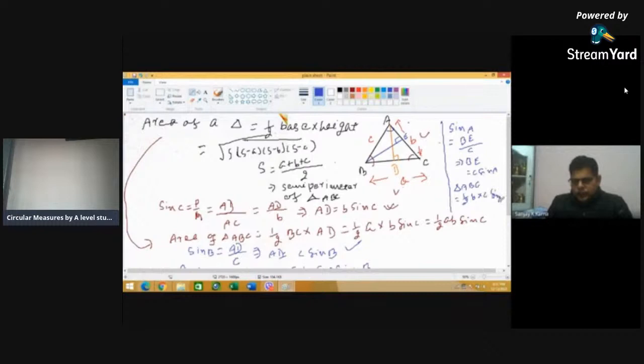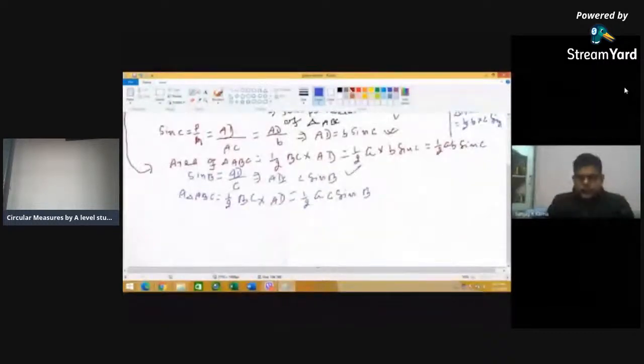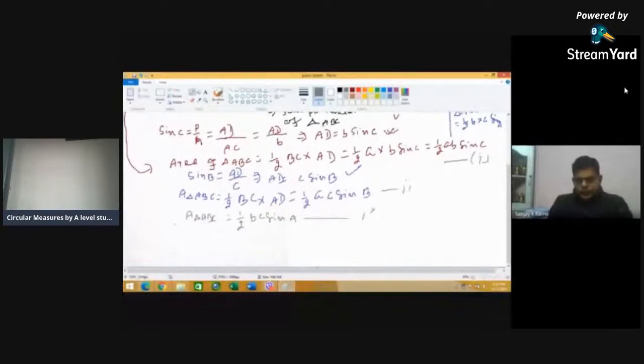So you can again say that the area of the triangle is equal to half BC sine of the angle between the sides B and C. You can see that angle A is between the side lengths B and C. So the same area can be represented in this form: area of triangle ABC is also half BC sine A. This is formula 1, this is formula 2 and this is formula 3, and these are all for the same triangle ABC.